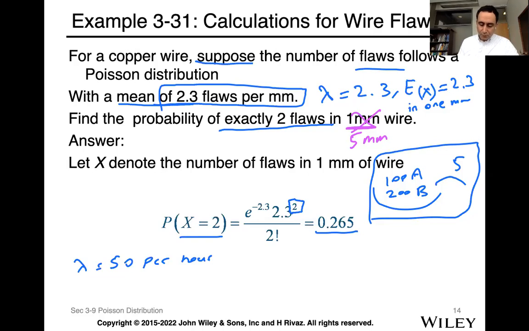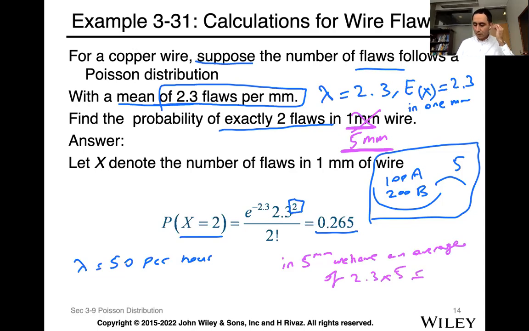The first thing we have to do is calculate the average number of flaws per 5 millimeter. So in 1 millimeter, I have 2.3 flaws. That means that in 5 millimeter, we have an average of 2.3 times 5 flaws.